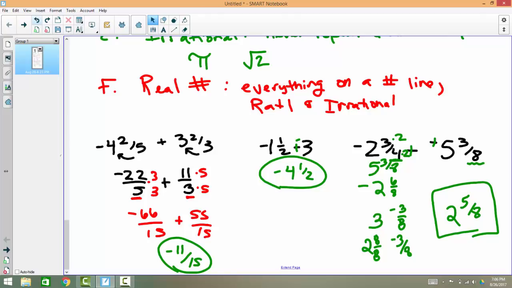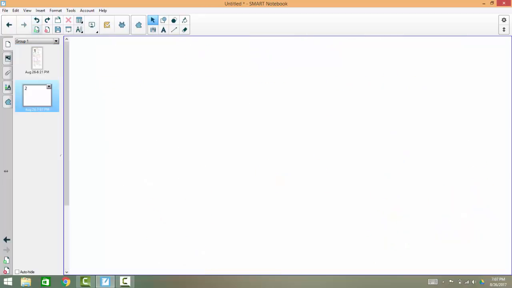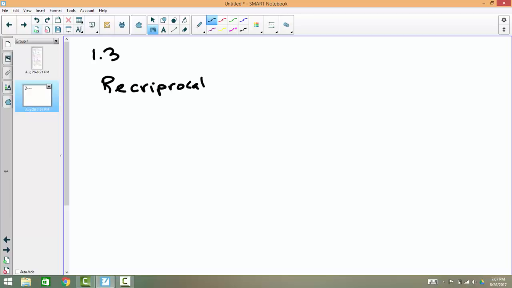Okay, we are on to section 1.3. Reciprocal is the first vocabulary word. And that is two numbers that when you multiply, you get 1. So the reciprocal of 1/2 would be 2 over 1.